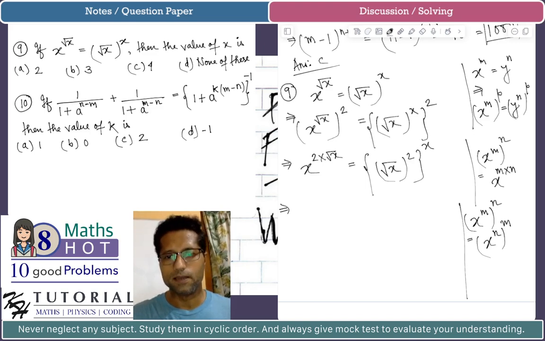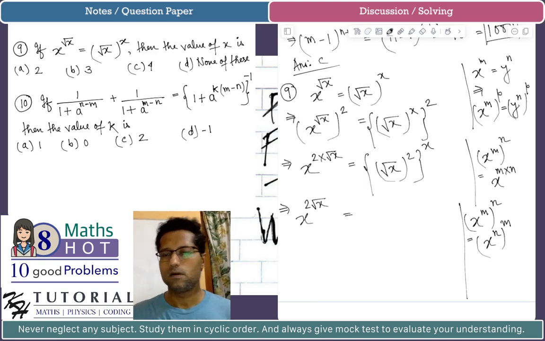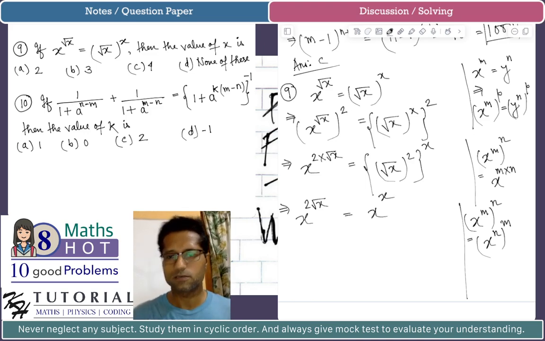So the left hand side becomes x raised to the power 2 root x is equal to root x square whole raised to the power x. Now root x square is x, root x into root x is x. So we have x to the power x on the right hand side.